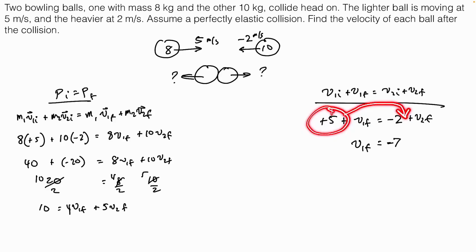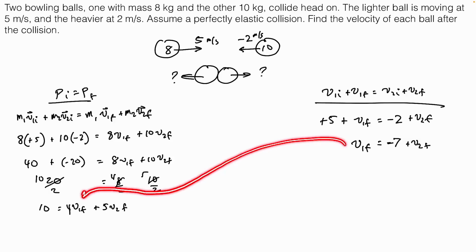Positive went over to the other side, became negative. I already have a negative 2 there, don't I? So negative 7 plus V2 final. So now I go ahead and I grab my V1 final, and I'm going to chuck it into there. Just going to make that substitution.